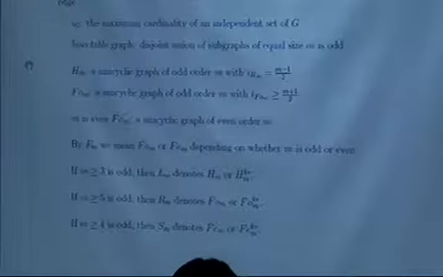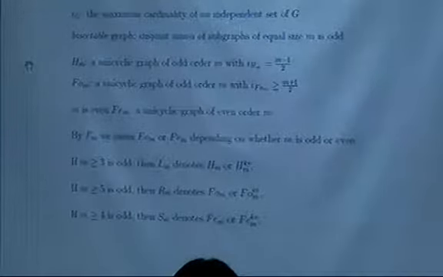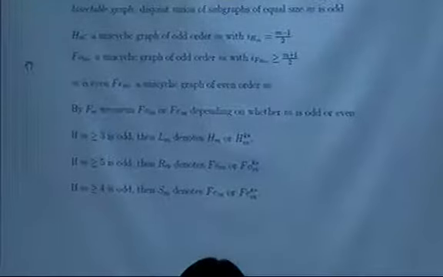So we talked about unicyclic graphs. And in the next lemma, we got the lemma which says that the independence number of a unicyclic graph is at least the floor of half of its order.